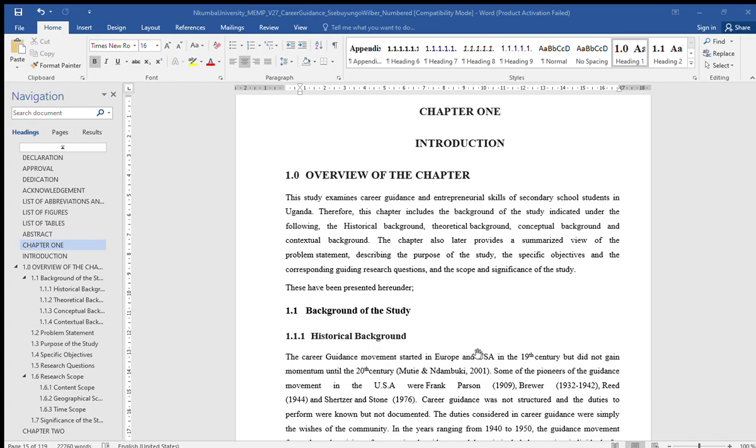Oh, good. Let me share again. Are you able to see the screen? Is the screen displaying there? Can you see the screen?